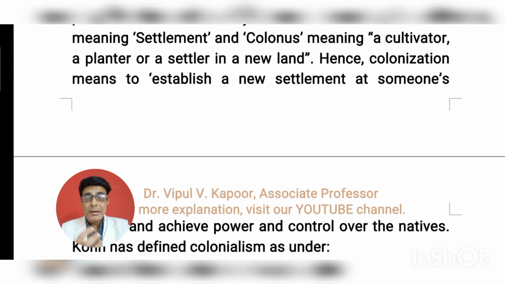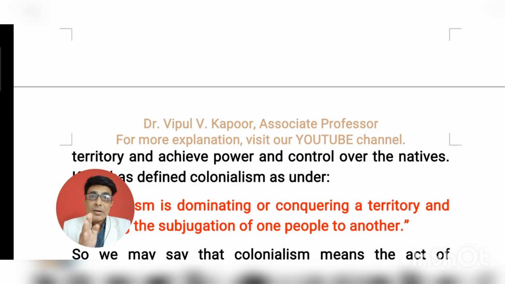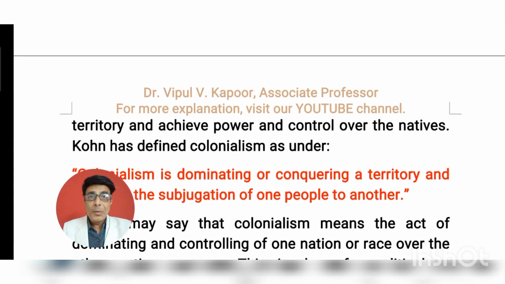This process includes so many things which we are going to discuss in this video. Colonization means to establish a new settlement in someone's territory or someone's land and achieve power and control over the natives. You can take an example like the Britishers.